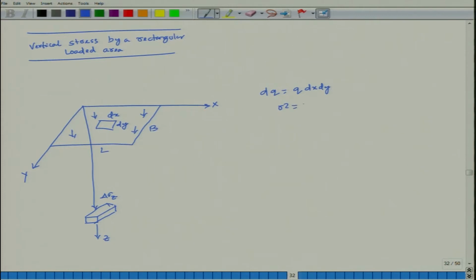r square is equal to x square plus y square.